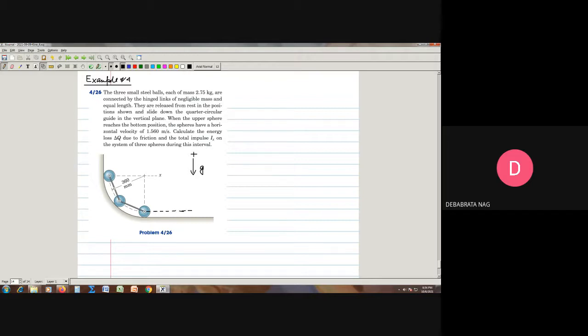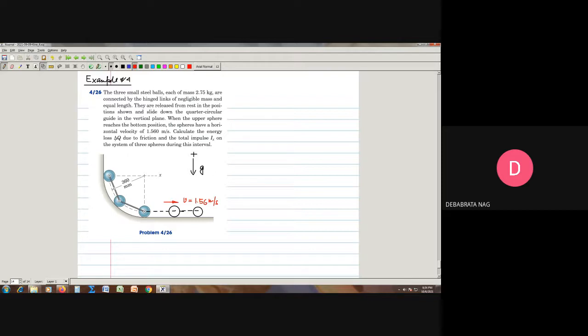These are the other sphere positions. At that position, the velocity of each sphere, because they are all moving in translational motion, is the common velocity of 1.56 meters per second.